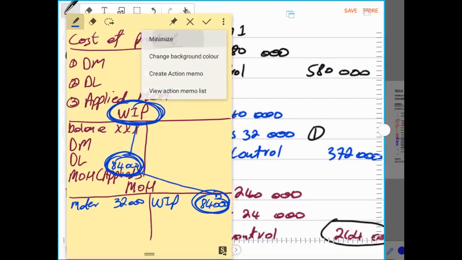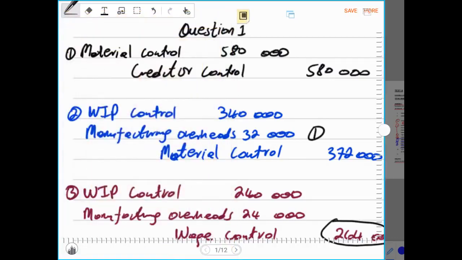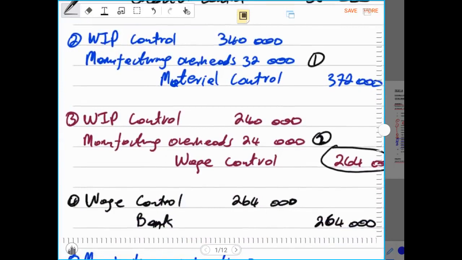Then after, there was another manufacturing overhead that was paid, that was number 2 here, where we noted that there was wages which were indirect, and those wages amounted to 24,000 rands. And we can see that manufacturing overhead is debited by the indirect wages.